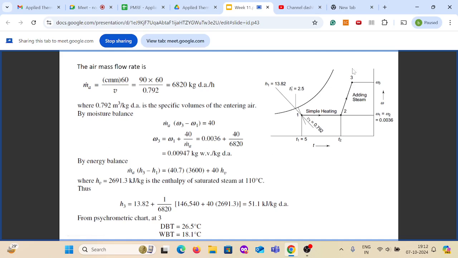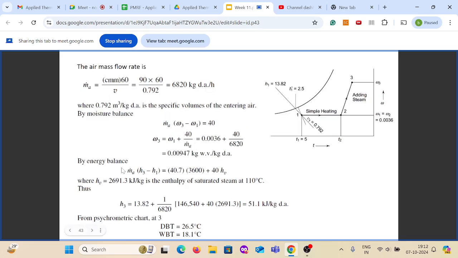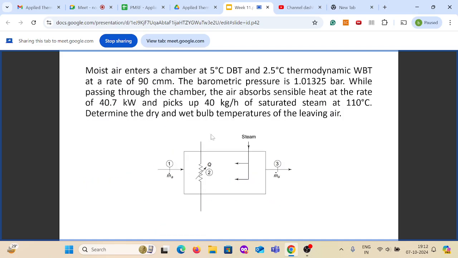If you do an energy balance across the whole system, what is inlet is m dot A into H1, plus the mass of steam coming in times the enthalpy of water vapor, plus the heat added, which equals the mass of air leaving times H3.